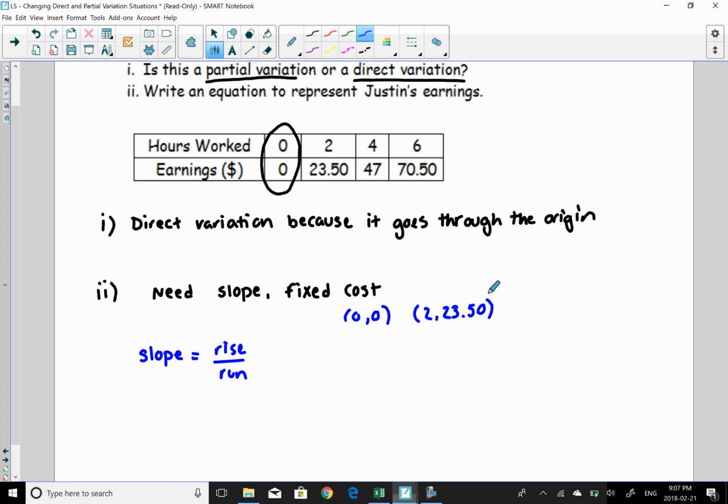Then I can recall the equation, the y2 minus y1 over x2 minus x1. I like to label my points. So basically my rise is subtracting how much of a difference between my y values. So when you use 0, 0, it's nice and easy because you're just going to subtract your y1 from your y2 and your x1 from your x2.